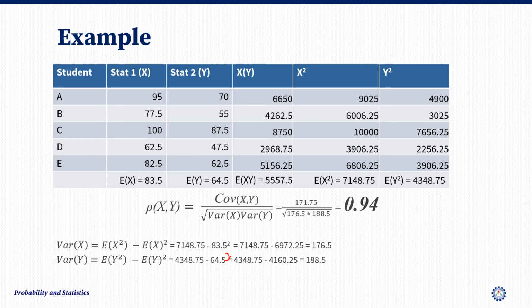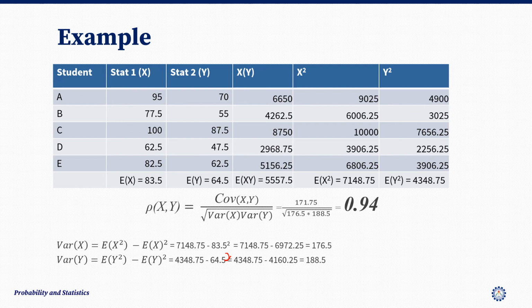We can now get the correlation because we have the var x and the var y. Following the formula, the correlation given x and y is equal to the covariance of x and y, which we know from the previous example is 171.75, divided by the square root of var x, 176.5, multiplied by var y, 188.5.